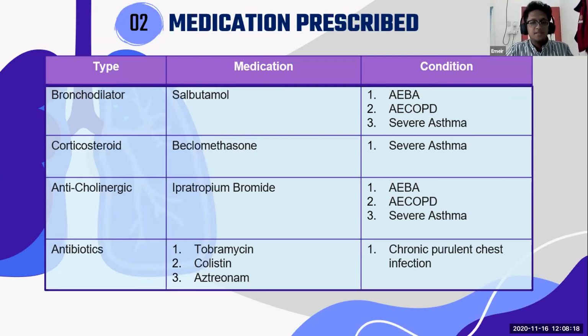Next is anticholinergic, such as ipratropium bromide. The indication is similar to bronchodilators, which are acute exacerbation of bronchial asthma or acute exacerbation of COPD and also severe asthma. And lastly, antibiotics such as streptomycin, colistin, and also azithromycin, which is important for chronic prolonged chest infection.